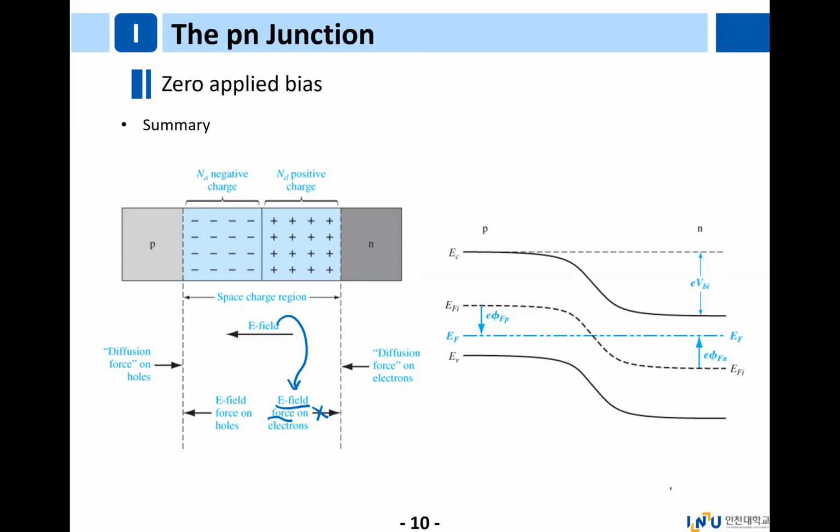precisely counteract each other. So this equilibrium prevents the mobile carriers from undergoing net transport, leading to no current flowing in the thermal equilibrium state.